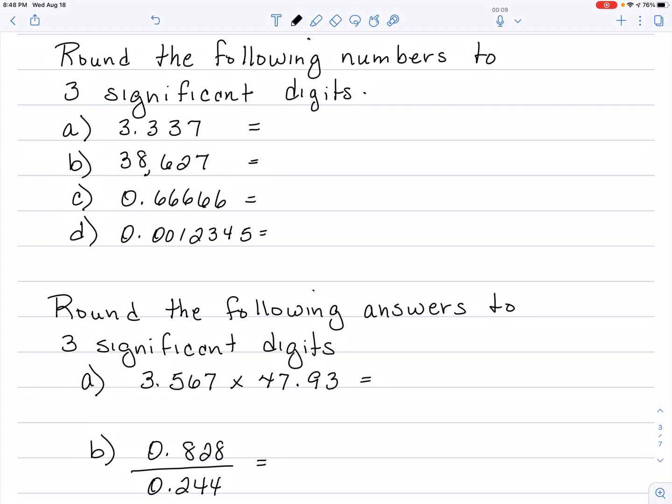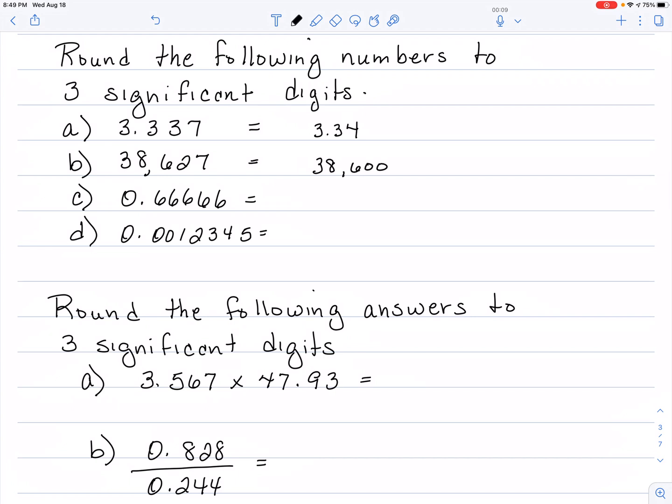So we want to round it to 3 significant digits, and because the 7 is greater than 5, the answer would be 3.34.